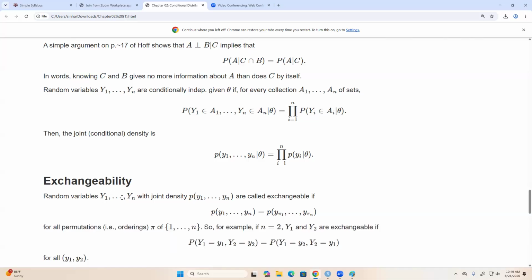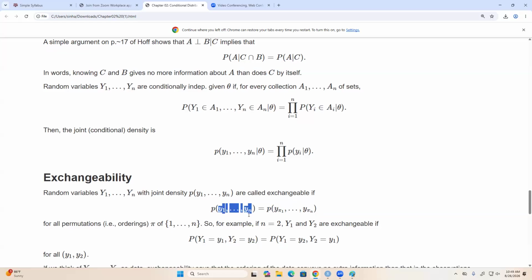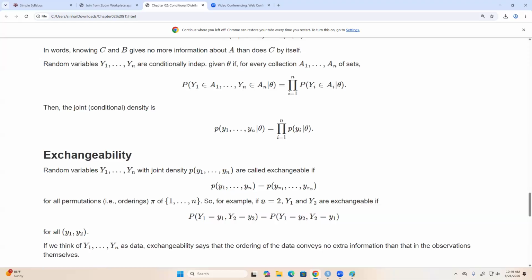Exchangeability. Random variables y1, y2, ..., yn with joint density p are called exchangeable if p(y1, y2, ..., yn) is the same as p(y_pi1, y_pi2, ..., y_pin). Now what is this? This is a permutation of these values, for any permutation. For example, suppose n equal to 2, I have two observations, y1 and y2. They are exchangeable.